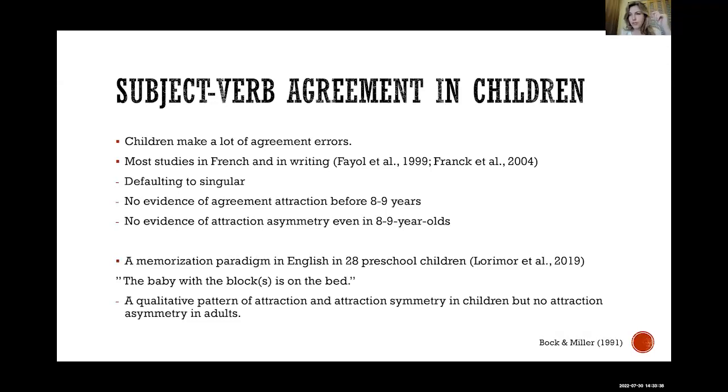But there were two things that were strange. First, they did not test for the statistical significance of these effects within the child group. Instead, they statistically tested differences between children and adults' patterns of agreement attraction and found significant differences there. However, these differences stemmed from the fact that the adult group in that study did not exhibit attraction asymmetry. And as I said, this is very atypical of findings in this literature.